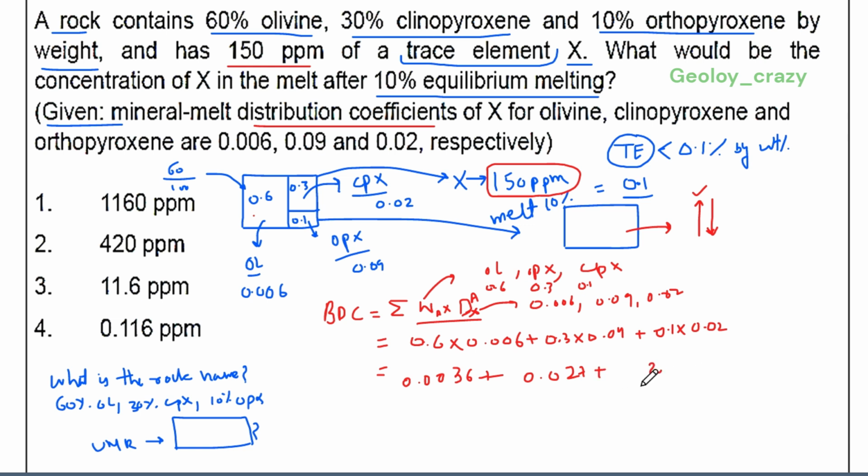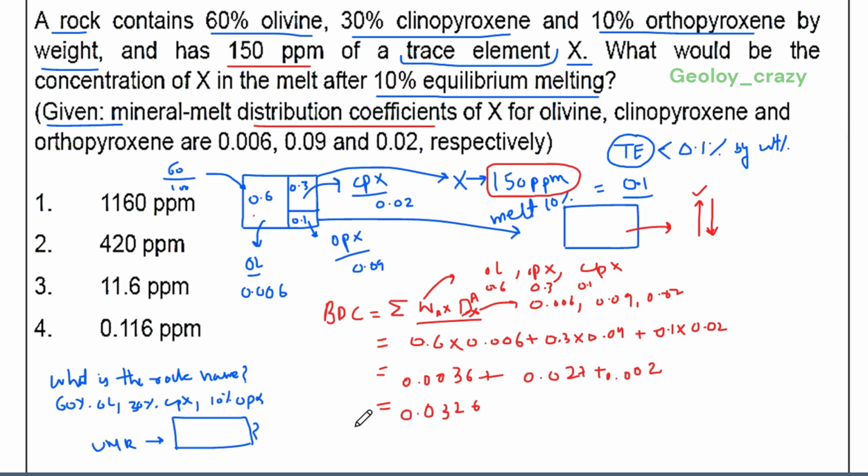What will come there? A 0 will come. And if we add all these values, we'll get 0.0326. This is the value we are getting.